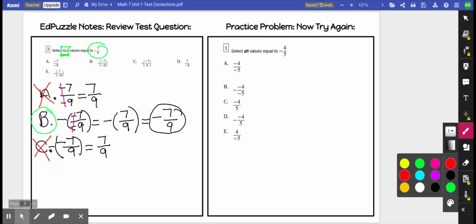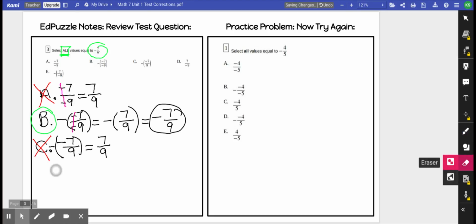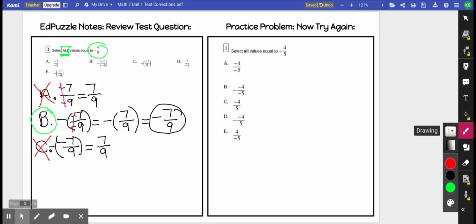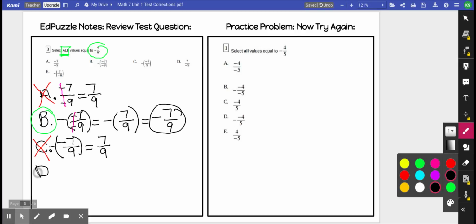Okay, let's look at D. Oops, wrong color. Let's go back. Luckily it erases really quickly. So let's look at D. D says 7 over negative 9. Remember, if one of them is negative, that means the whole fraction is negative.